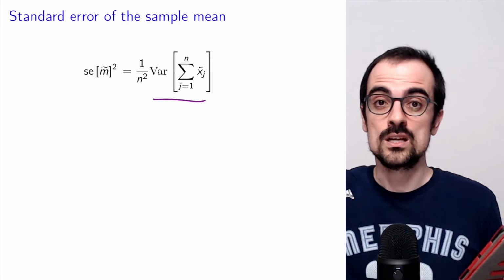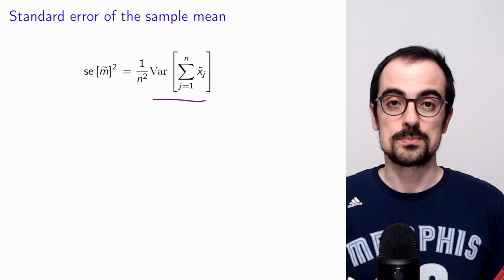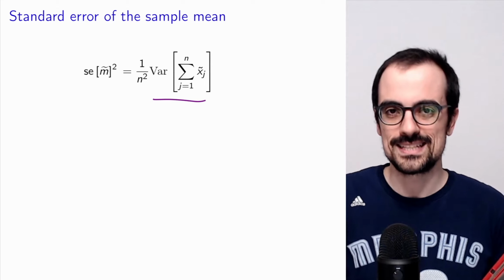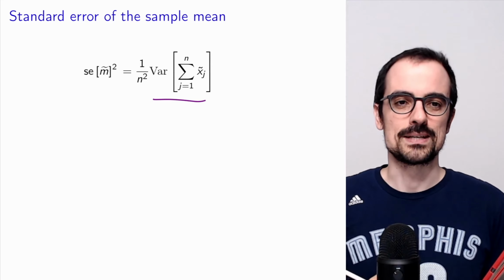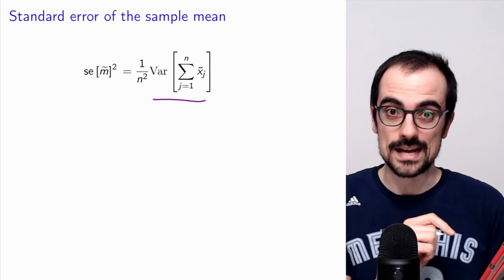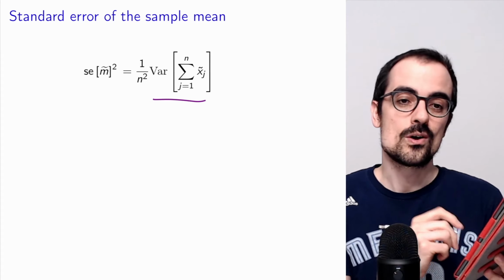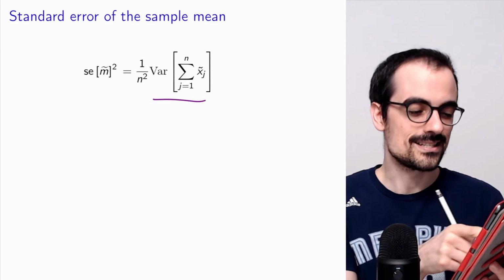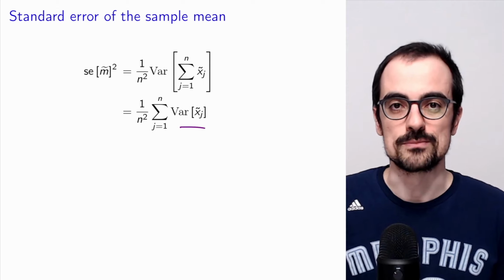We're assuming that we sample independently, and this is crucial in order to guarantee that random sampling is actually going to work and give us a good estimate of the population parameter. And this is why, because under that assumption of independence, now we can write this as the sum of the variance of each individual measurement.